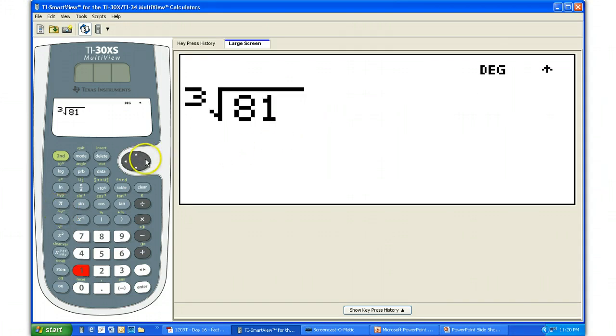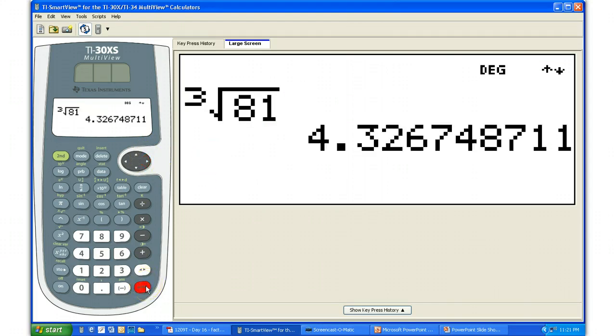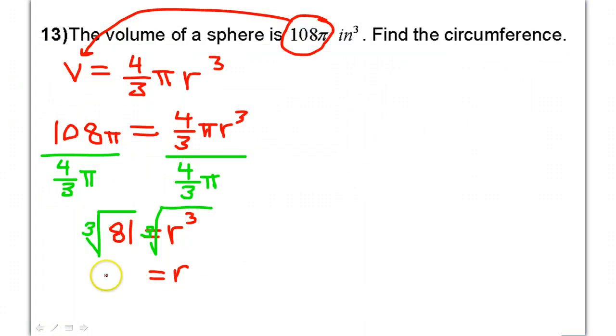So now I'm doing the cube root of 81. Okay, the cube root of 81 is this number, which we will round to 4.33. Okay, so that's the radius.